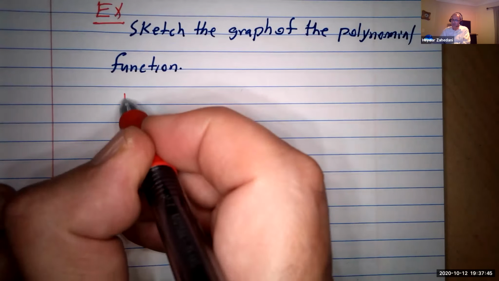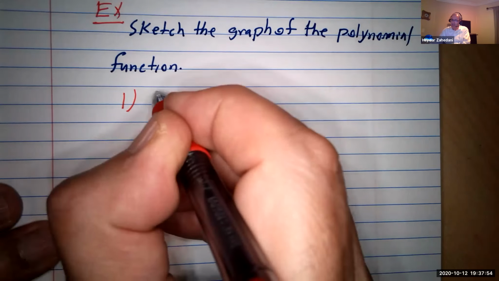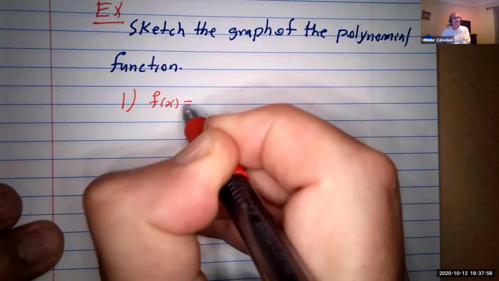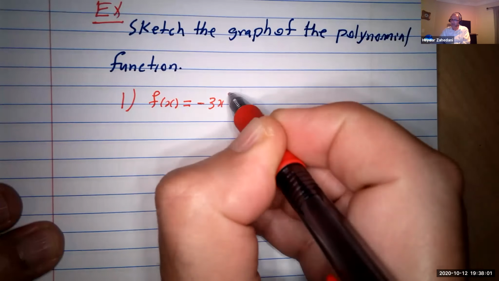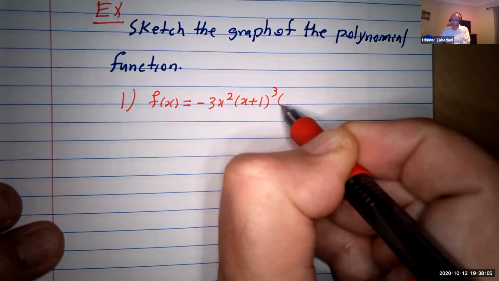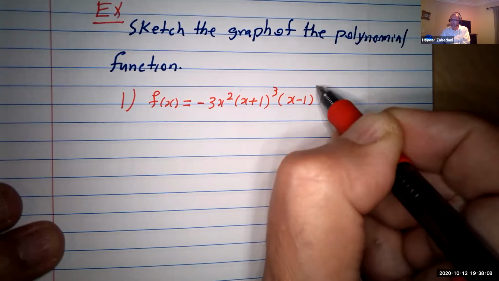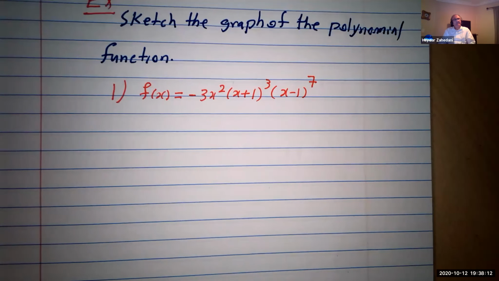Let's write this one first. We are going to have f of x equal to negative 3x squared times x plus 1 to the 3rd times x minus 1 to the 7. This would be given, and then you are going to graph it for us.